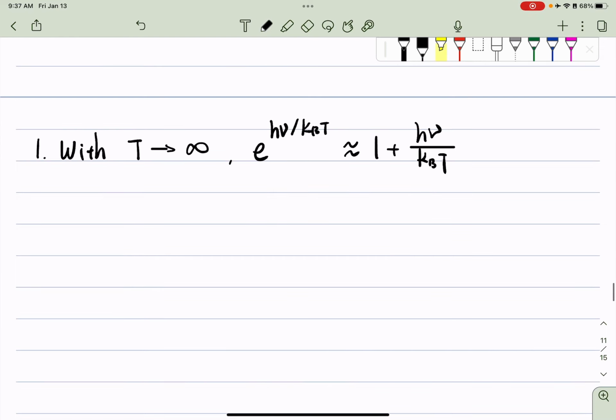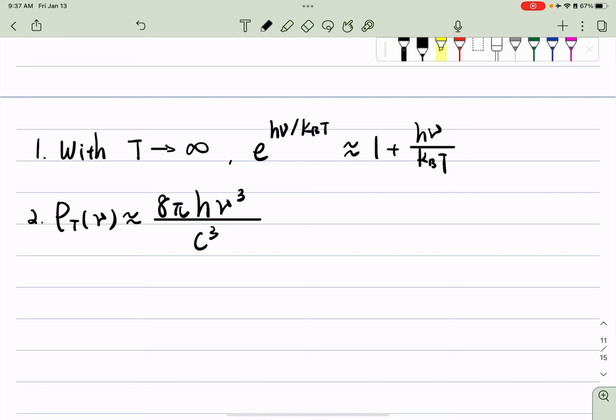So what that gives us, with the original equation showing up there, is rho of T and nu roughly equals 8 pi h nu cubed over c cubed times 1 over h nu over kBT plus 1 minus 1.